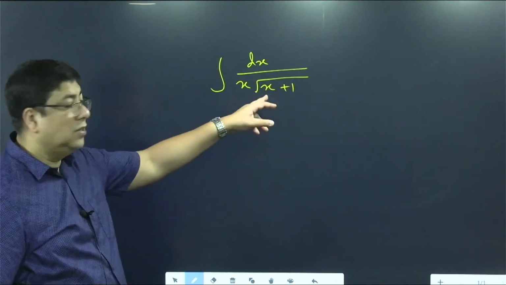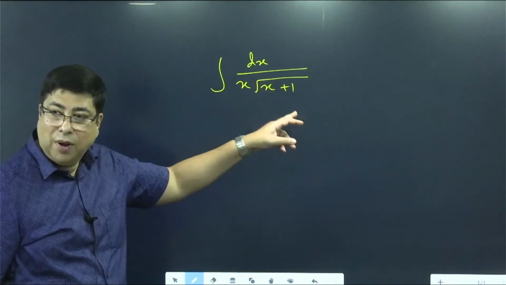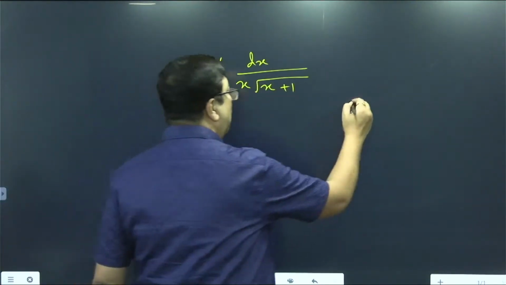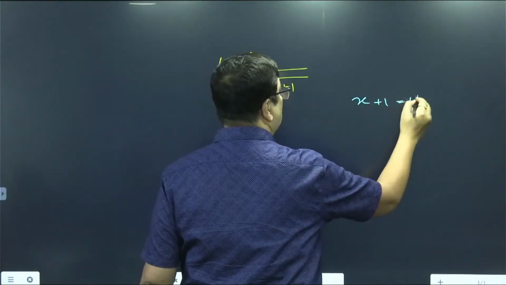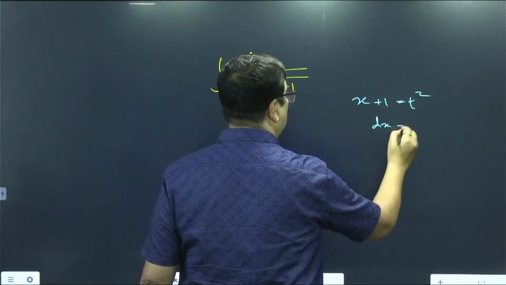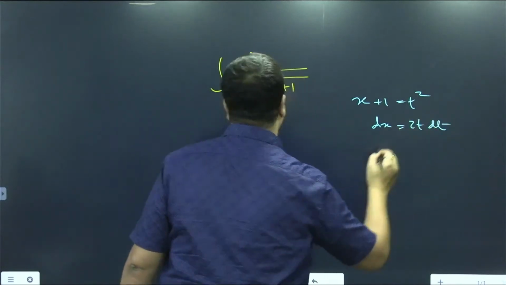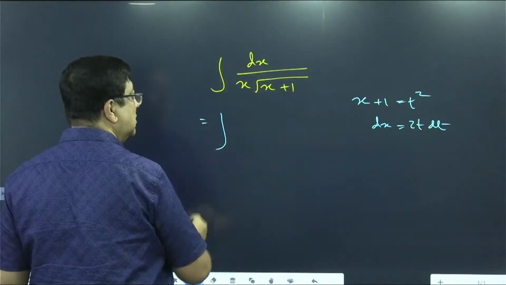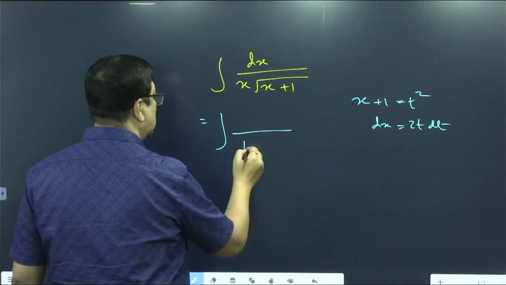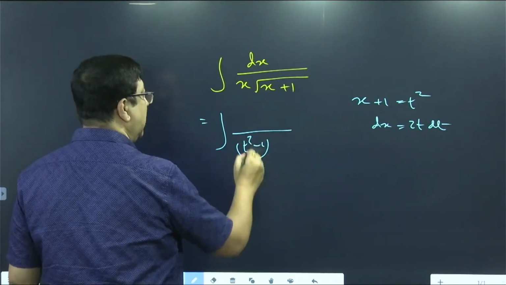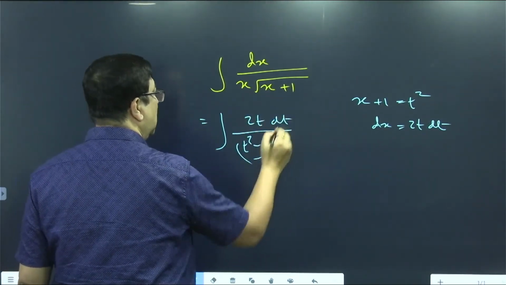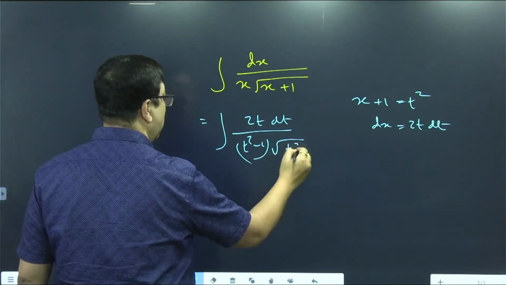x plus 1 as t square. Therefore, x plus 1 equal to t square, dx equal to 2t dt. Therefore, we can write this as x as t square minus 1, dx as 2t dt, and root over of t square.